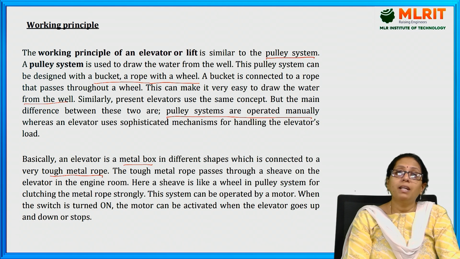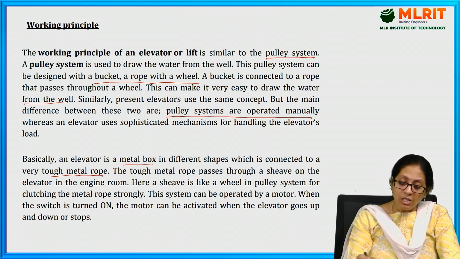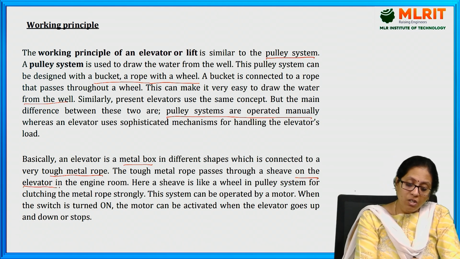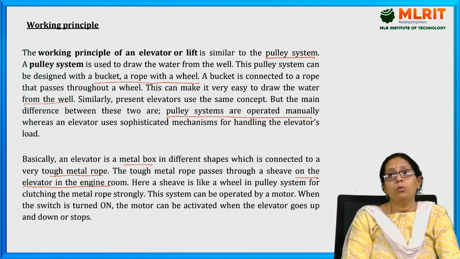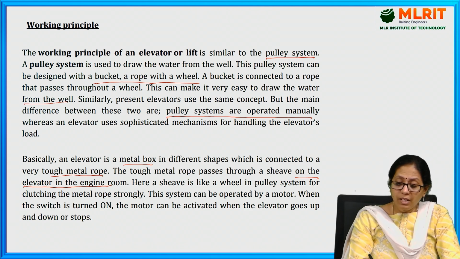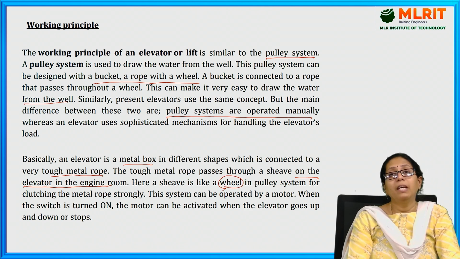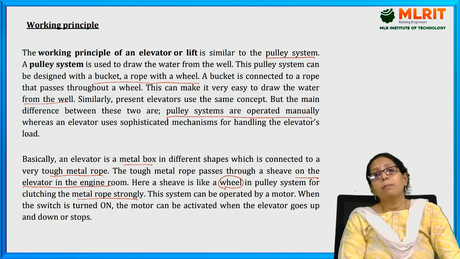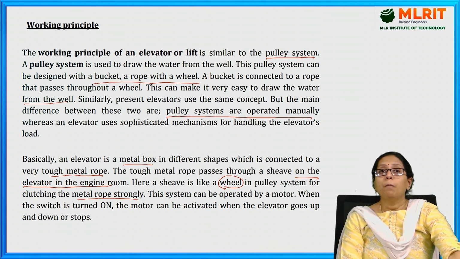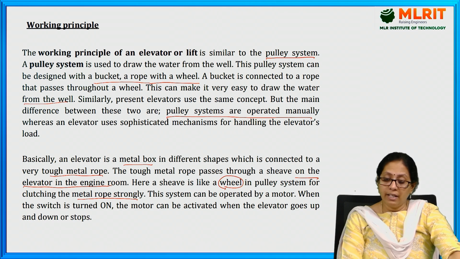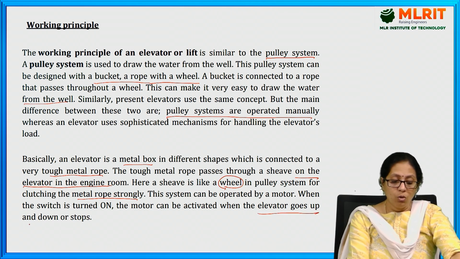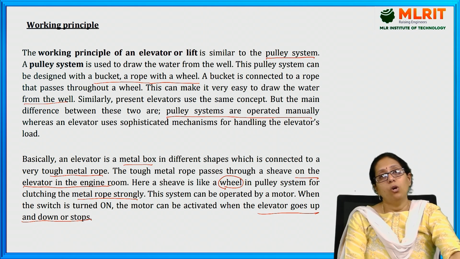This tough metal rope passes through the sheave of the elevator in the engine room. It acts like a wheel in a pulley system for gripping the metal rope strongly. This system is operated using a motor, and when the switch is turned on, the motor is activated, and the elevator goes up and down or stops.